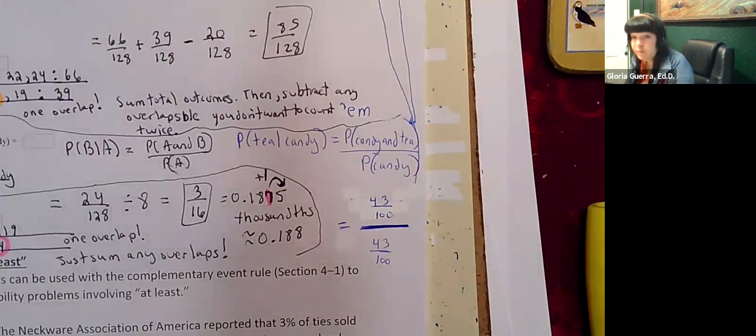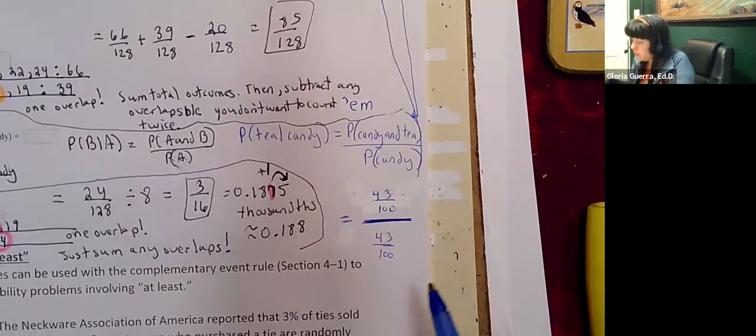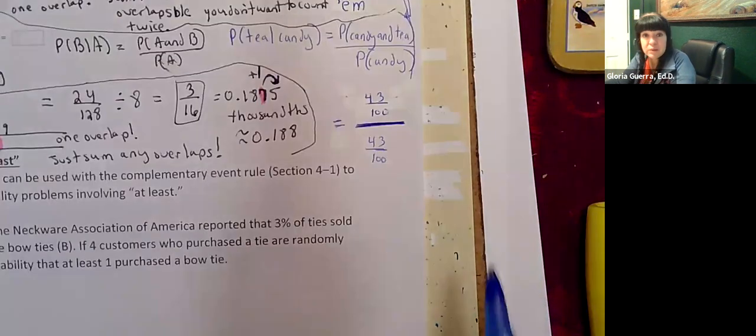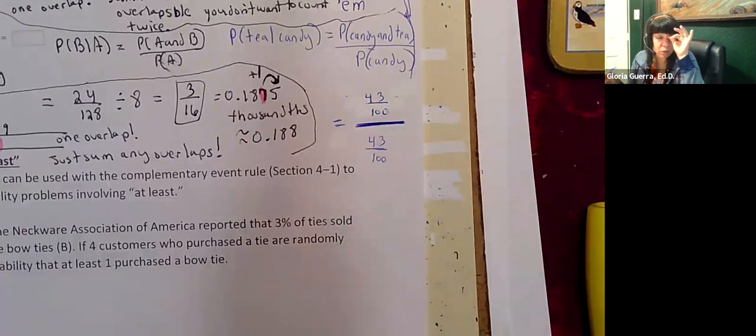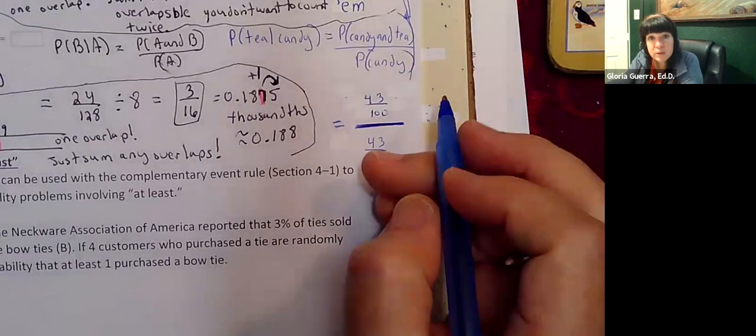Okay. And right here, you can see the answer is going to be 1. You can see that this and this just cross out. And really, that's just 1 equal to 1. That's our answer.